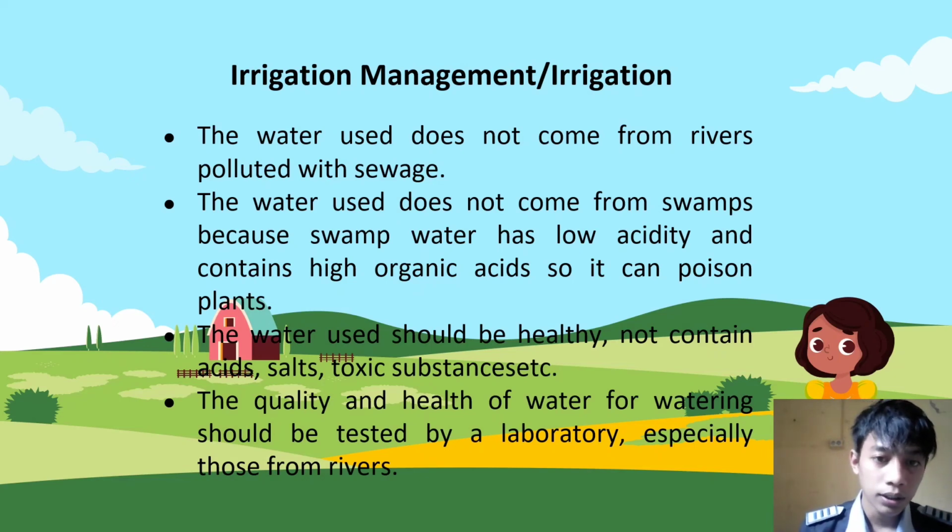One, the water used does not come from a river polluted with sewage. Two, the water used does not come from swamp because swamp water has low acidity and can contain organic acids, so it can poison plants. Three, the water used should be healthy, not acid, salt, or containing toxic substances.